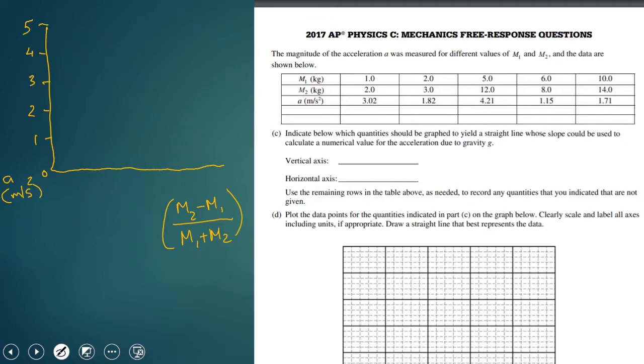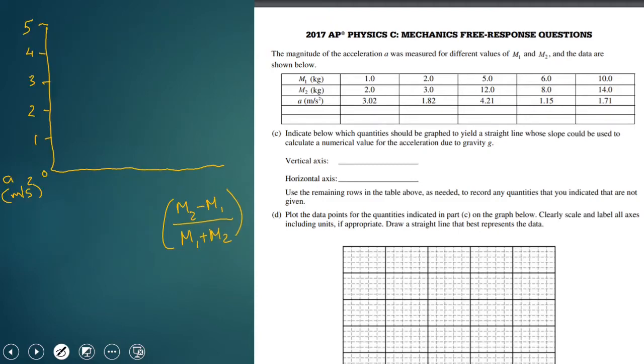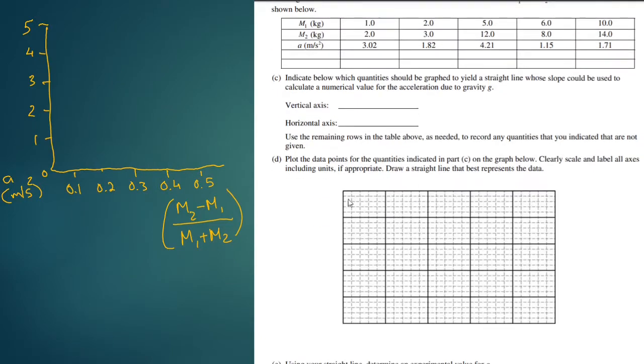And then for this mass quantity, I essentially go, the smallest is 1/7, the largest is 7 over 17. 1/7 is about 0.14, and then 7 over 17 is about 0.41. And so I'll be going basically from, again, 0 to 0.5. 0.1, 0.2, 0.3, 0.4, 0.5. So obviously this isn't as accurate as it could be, but when you actually do your data plotting on the table, it'll be much better.